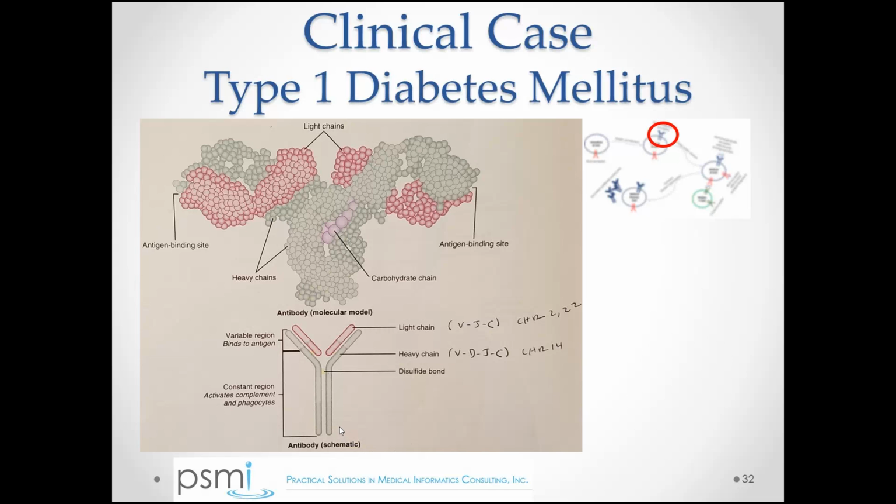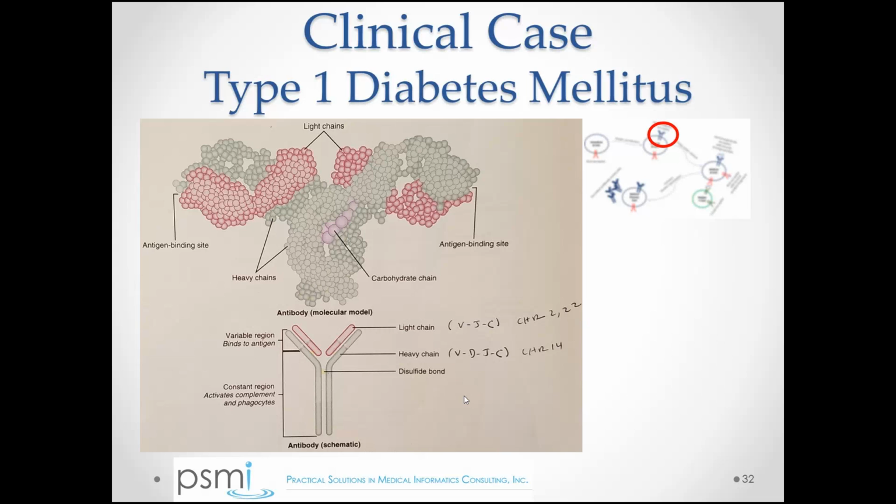On chromosome 14, we have 4 genes: the V gene, the variable gene, the diversity gene, the joining gene, and the constant gene. And on chromosome 2 and on chromosome 22, we have genes for a variable region, a joining region, and a constant region.